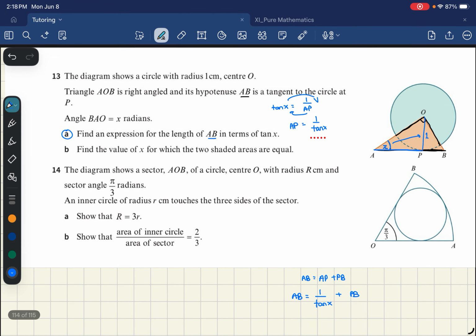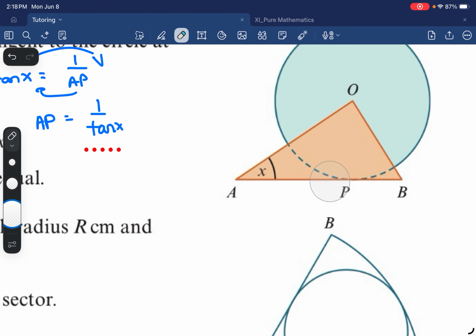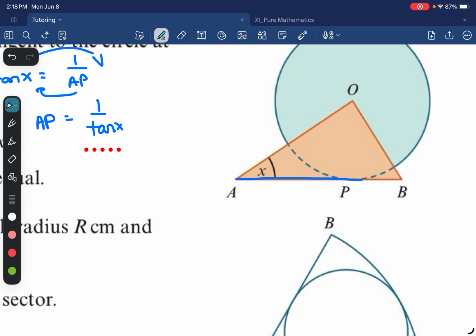Now let's figure out what PB is. And to do so, we'll use some geometry. So this is what we had, right? And I dropped a radius like this because this is a tangent. This must be a 90-degree angle. This is x. This is 90. This is clearly 90 minus x. And remember, this was also 90 degrees.